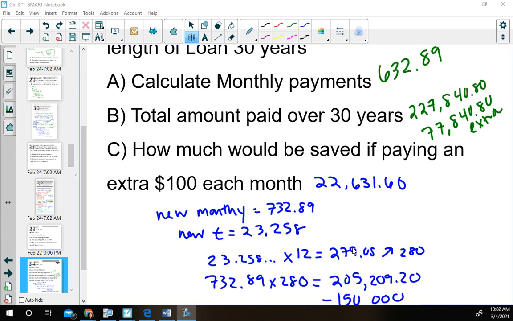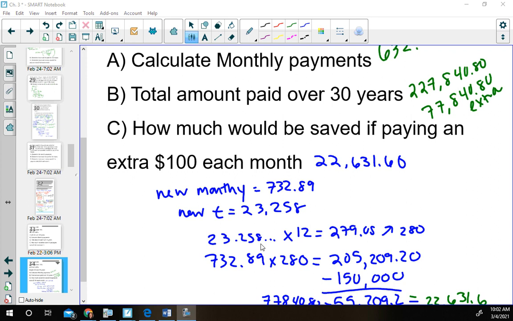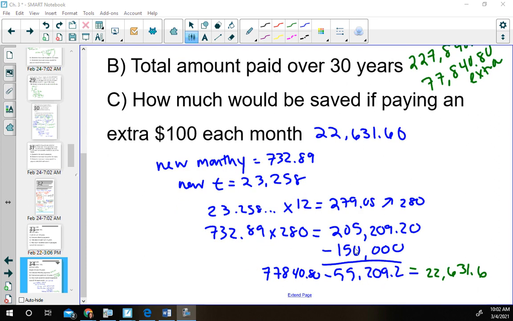Then I took that, times it by my 12 months, because that's my new time. I got 279, so we can't do point something of a month, so I rounded it up to 280. So I took my $732.89, times it by the 280 months to get $209.20. Took it off the $150,000 total that I was putting in for.